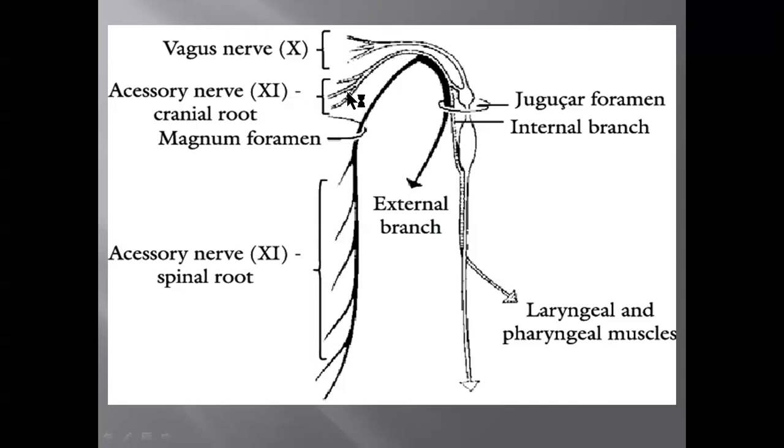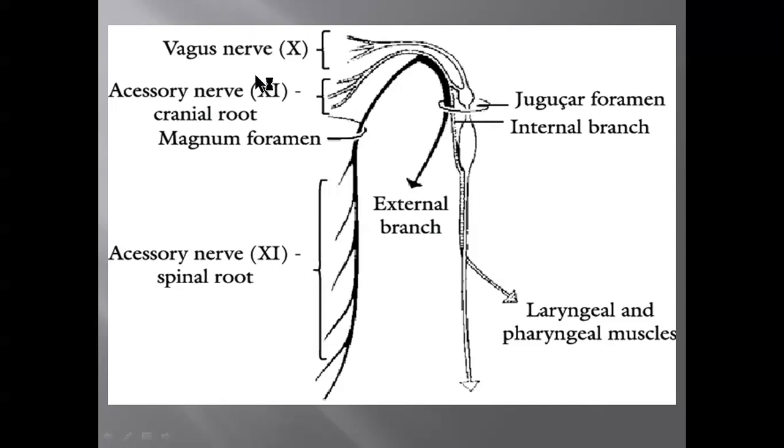Now we can see the vagus nerve and accessory nerve both traveling on this area of the internal jugular. So the internal carotid artery is in relation to the accessory nerve and vagus nerve, and here would be your internal jugular vein somewhere.